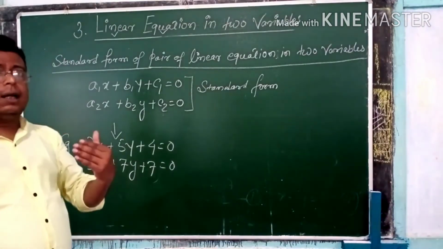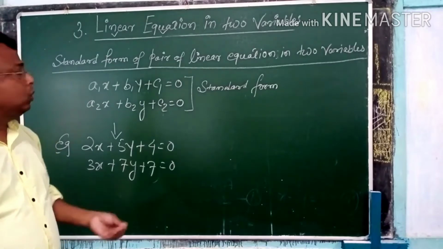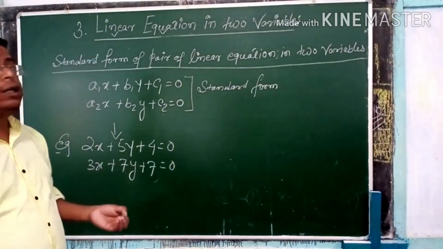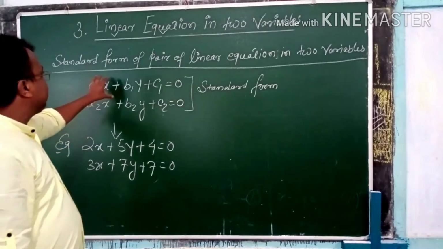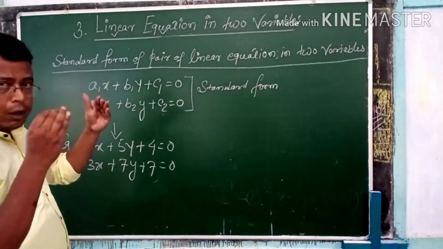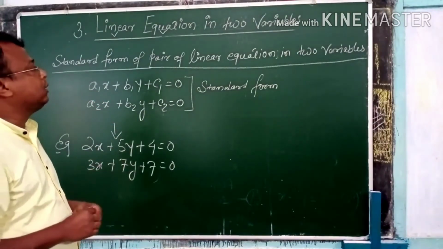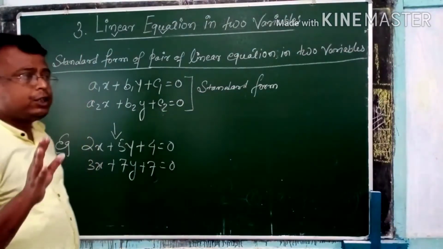So in the last class we have discussed how to find out the solution of a pair of linear equation in two variables. Alright. Means how to find out the value of this x and y. Okay, so you learned in the previous class that a pair of linear equation in two variables has how many solutions?